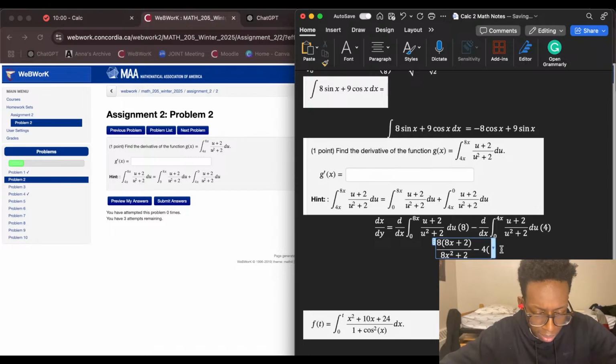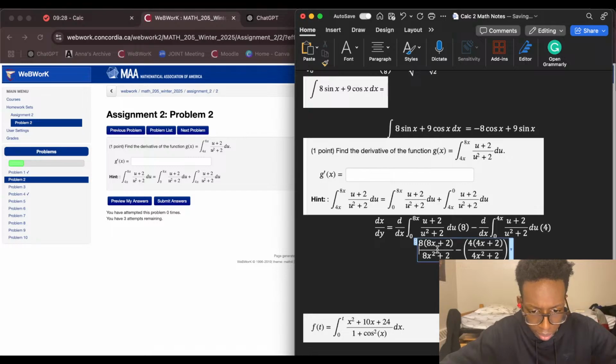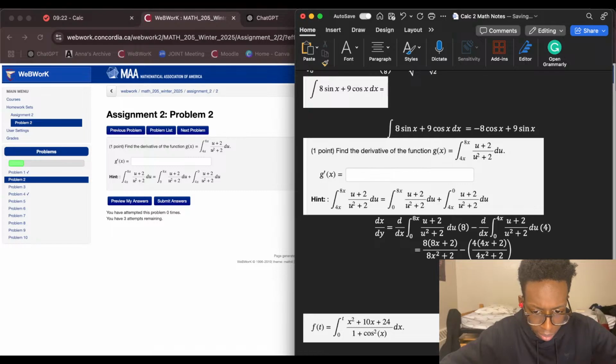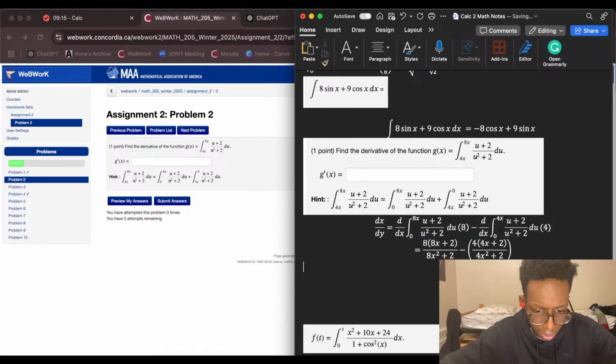So then it's 4. Then you have 4x squared plus 2. So then you go one more.